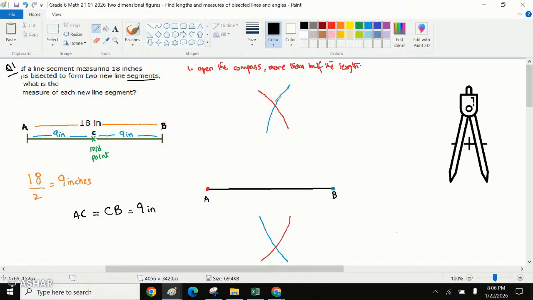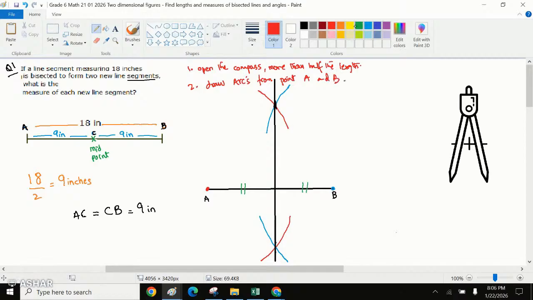These arcs would intersect over here, and when I join them together, we can see that this line has been broken down into two equal segments. So the second step was: more than half, draw arcs from points A and B.